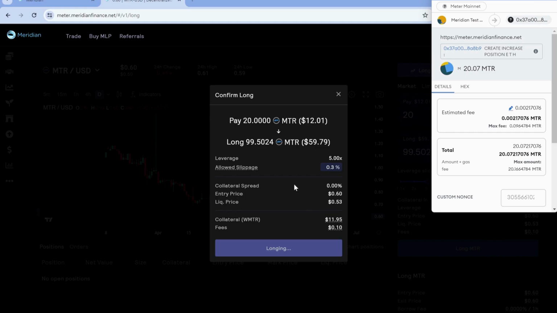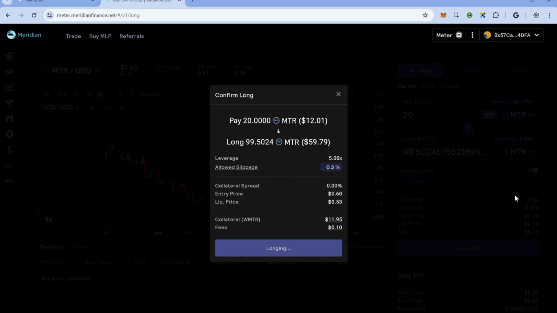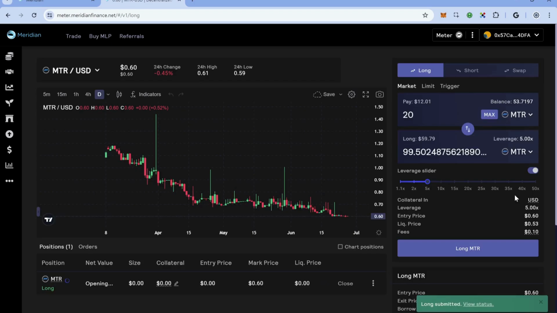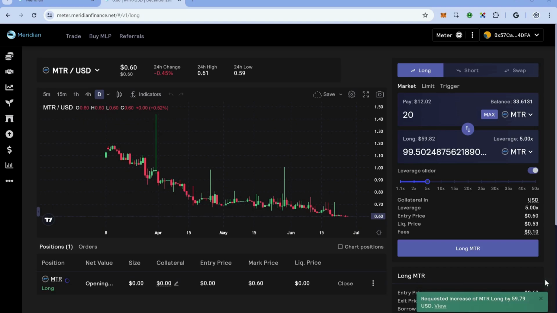You'll see the collateral spread, the entry price, liquidation price, the fees associated with the trades, and just the overall what's happening. So we will confirm, and then just like that, our trade has been entered or opened. So it has been confirmed.